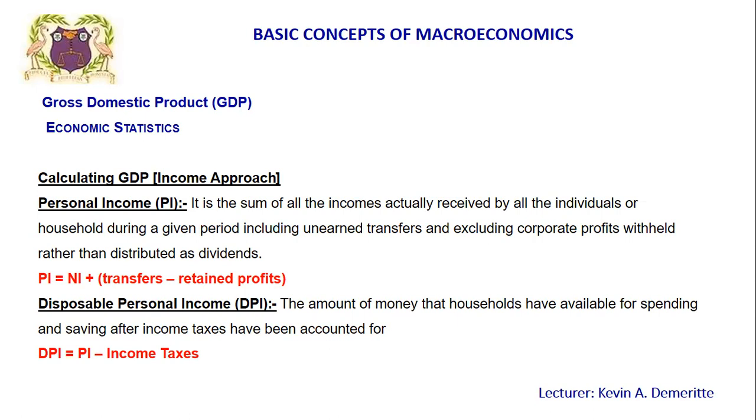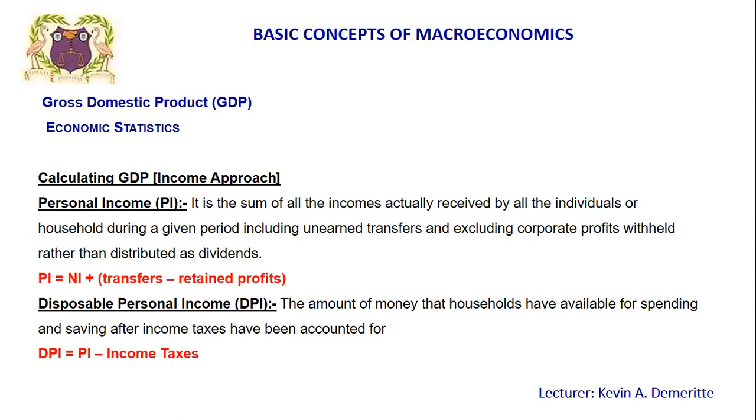We will also include in that calculation for your personal income any unearned transfers, say, national insurance benefits. They would count as unearned transfers. But as far as you're concerned, that's still income coming to you. So we will count it as part of your personal income. Which we won't include as part of your personal income would be when a company that you've invested in says, instead of handing out the profits as dividends, we're going to hang on to this profit and use it to build the company.